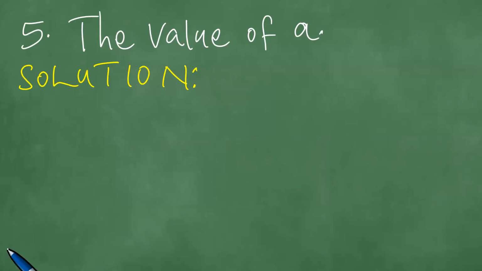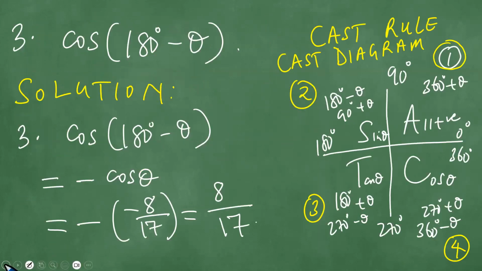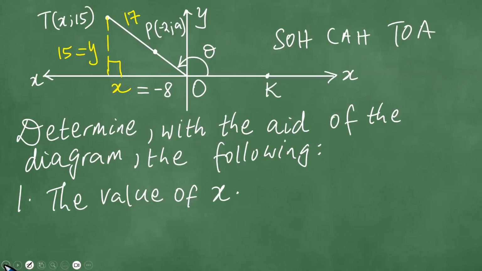I want to find the value of A. Here is the diagram. What is the value of A, Tando, in this diagram? What is the first step in finding the value of A?